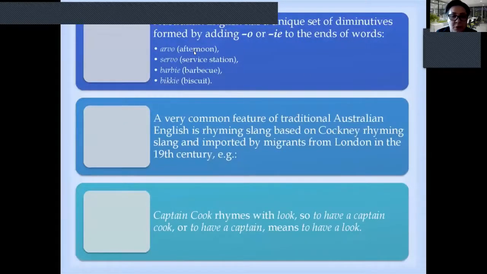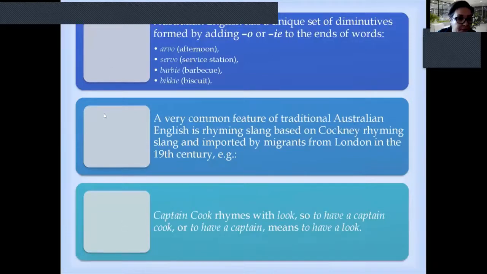So here you can also see some phonetic differences between the vowels O and IE at the ends of words, very common features of Cockney rhyming slang that were imported by migrants from London to Australia in the 19th century.